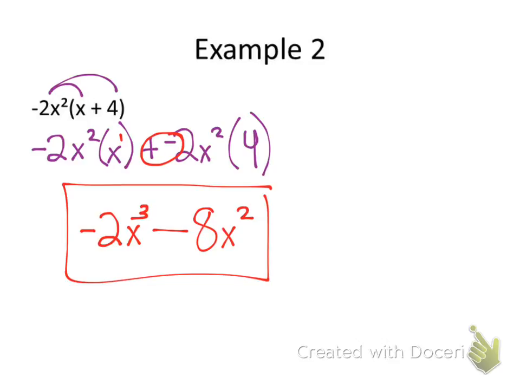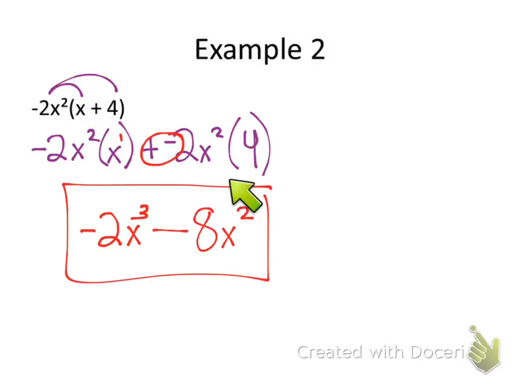Now, someone said, like they were trying to square this too. This exponent is only with the x, okay? It has nothing to do with the 2 in the front. Now, some people would write out an additional step in the middle where they cleaned up these signs. If that makes more sense to you, great. If you wanted to write plus negative 8x squared and then clean things up, that's fine. So some of you might want an additional step.